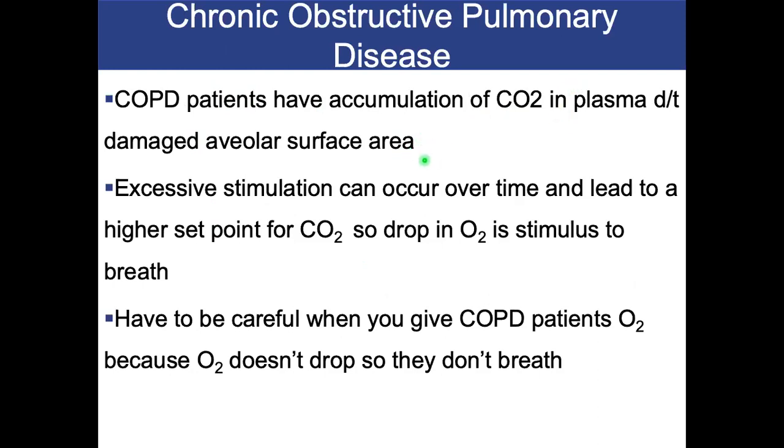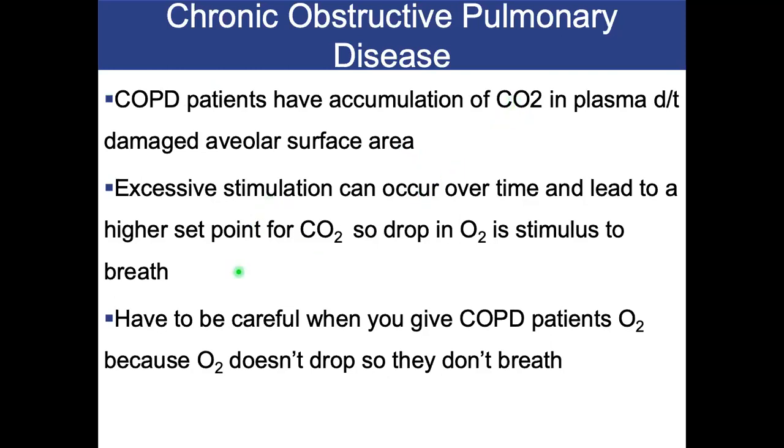Over the decades, over the years and years, CO2 slowly increases. As CO2 slowly increases, it's not going to trigger the respiratory centers, or your chemoreceptors don't respond to that. Chemoreceptors respond to a drop in CO2 or an increase in CO2 relatively quickly.